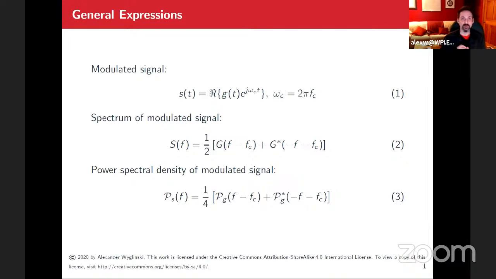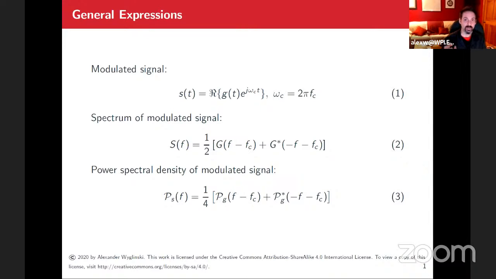and we have the relationship described here in equation 1. We have G of t, which is the baseband waveform, right? That's the mapping from a binary message signal, M of t, to some sort of waveform that has an amplitude, phase, or frequency, and that's going to be G of t.